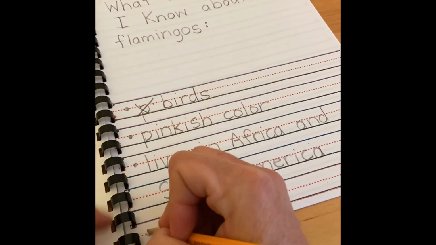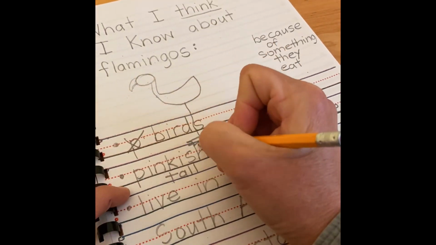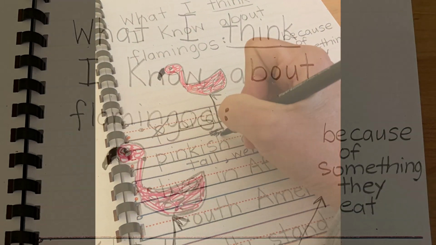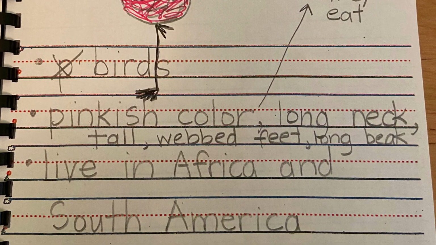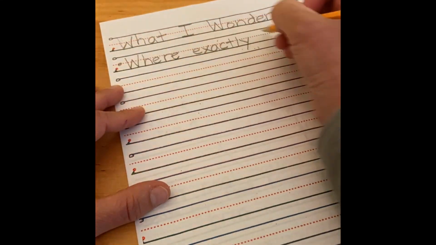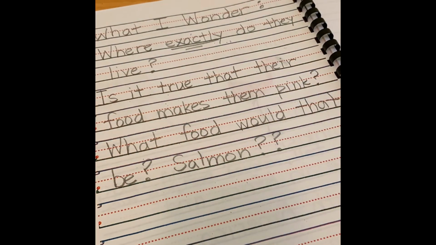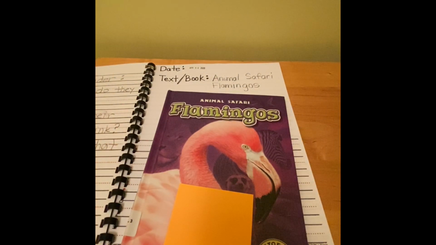I activated my schema, or my background knowledge, by writing down what I think I already know about flamingos. Then I wrote down a few things that I was wondering before I started my research. I am ready to dive into my flamingo research. So I'm going to show you how to leave thinking tracks.